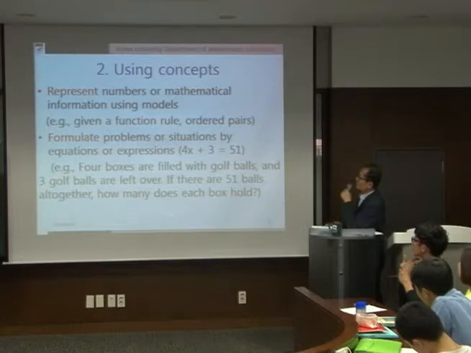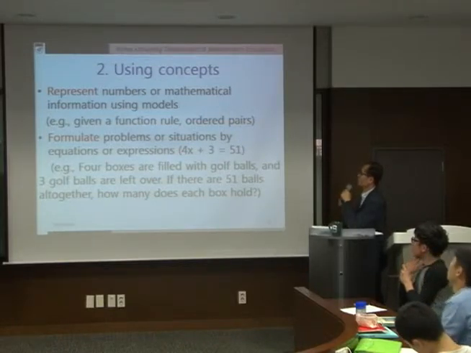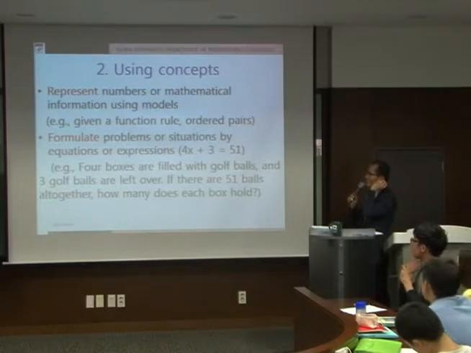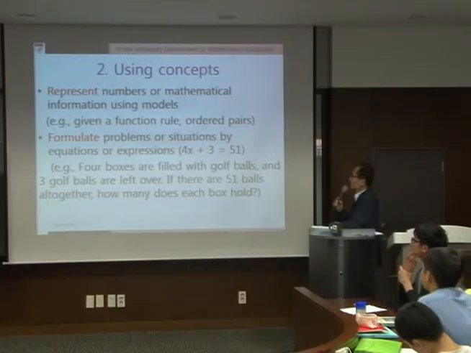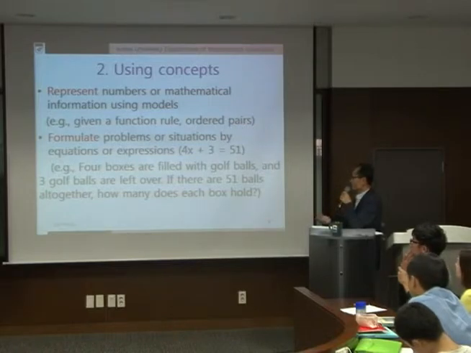For instance, they provide this kind of example: in order to represent 4x plus 3 equals 51. 4 boxes are filled with golf balls, and 3 golf balls are left over. If there are 51 balls altogether, how many does each box hold? And you think about the red color expression.